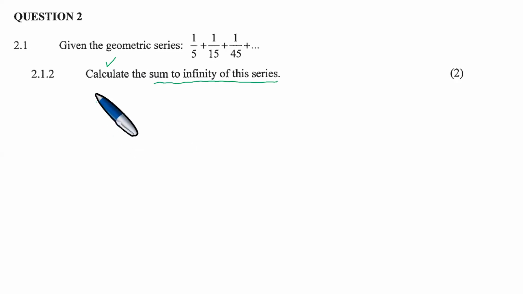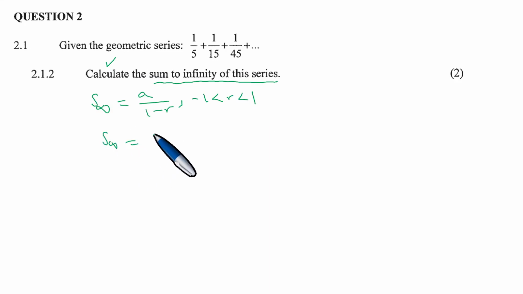What is the formula? It is the sum to infinity, which is a divided by 1 minus the constant ratio, where we agree that the constant ratio lies between -1 and 1. So which means the sum to infinity is the same as the first term of the expression.